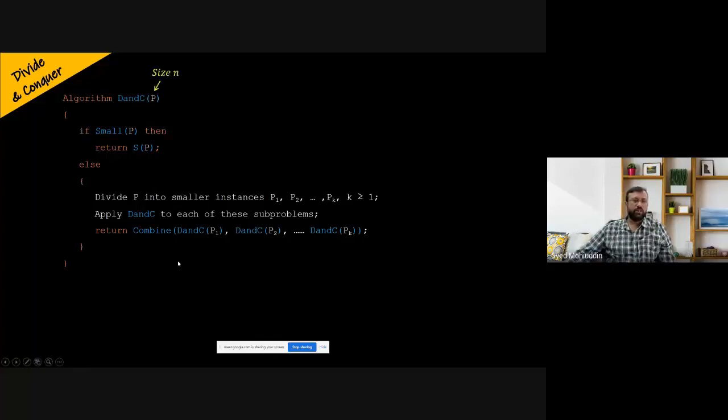We are not talking about any specific problem. Here, the problem is P, and the problem is of size n, that is n number of elements, the initial input for the problem. Now let us assume that the divide and conquer approach takes T(n) time. T is a time function.